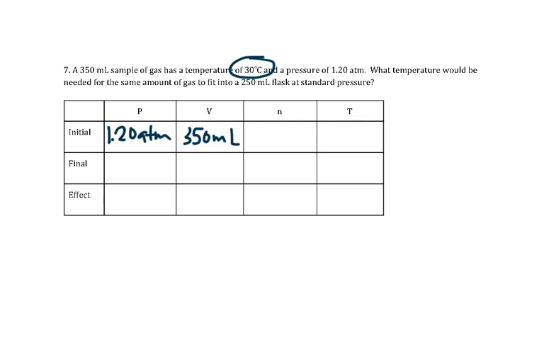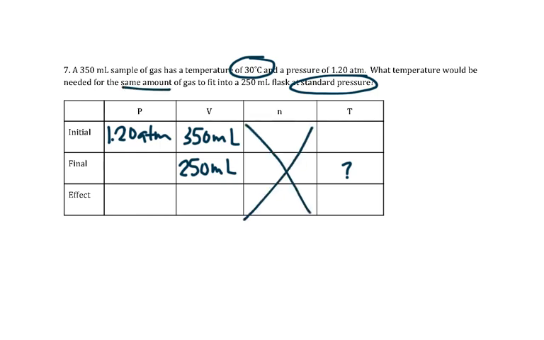What temperature would be needed for the same amount of gas to fit into a 250 milliliter flask at standard pressure? It tells us that the amount of gas is constant, so you can cross that out. And then standard pressure. Remember, if you need to, go way back up, first page, those notes to remind yourself. It is 1 atmosphere.